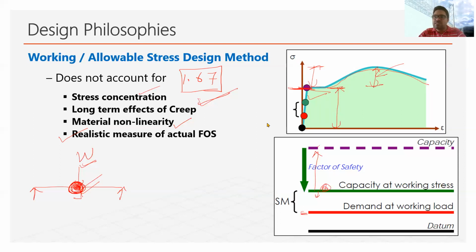This factor of safety doesn't consider the degree of uncertainty of different loads. The degree of uncertainty in dead load can be different from the degree of uncertainty in wind load. Such different degrees of uncertainty are not considered in the working stress method. So that is again a drawback of this method.